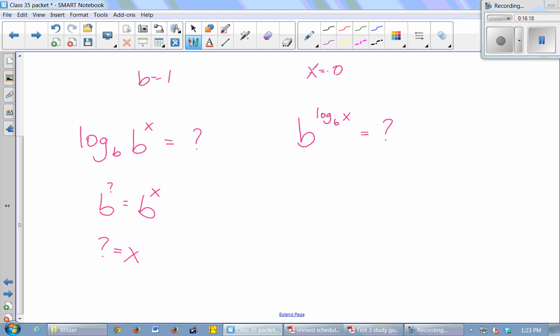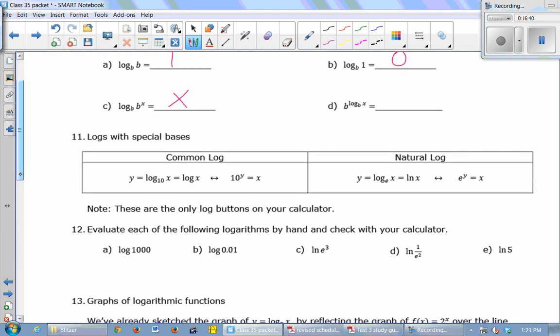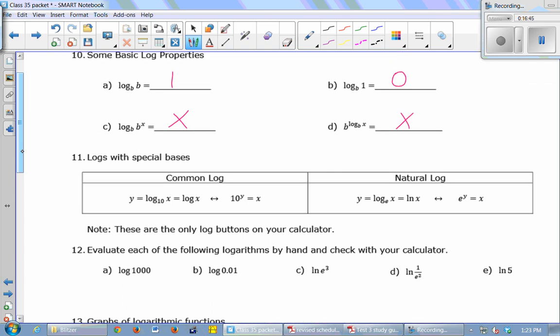If I were to write this in log form, I would have log base b of question mark equals log base b of x. So what's my question mark have to be? X. And again, this is because those two functions, b to the x and log base b of x, are inverses. So if you compose them in either direction, like we did in C or in D, you should get the x back.